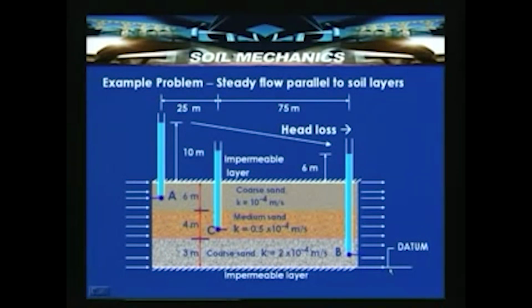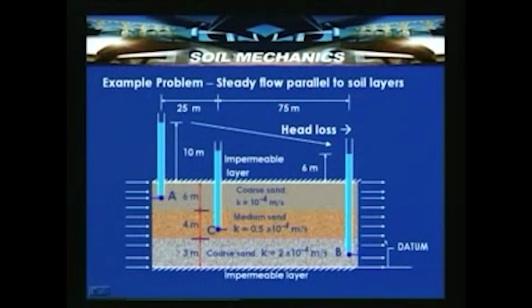If you consider now the flow taking place from point A to point B, the flow is occurring with a head of around 4 meters. What we are interested in is estimating the equivalent coefficient of permeability in the horizontal direction, that is, the direction of flow of water through the layers.